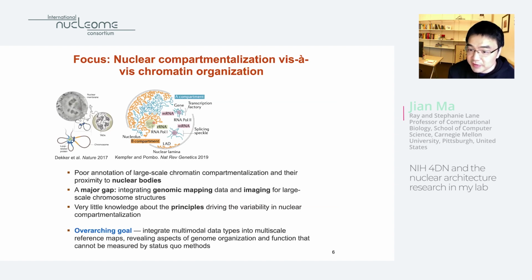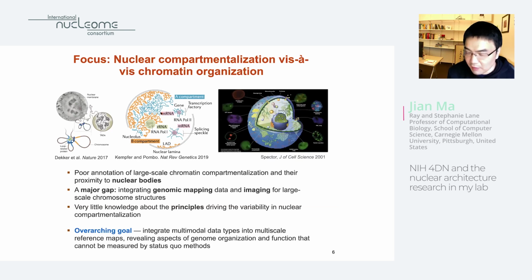But this type of separation is rather binary, and we thought that it's perhaps overly simplistic. That's what this whole center is focused on: refining this A and B definition to a finer-scale characterization of how the chromosomes are organized spatially within the nucleus.